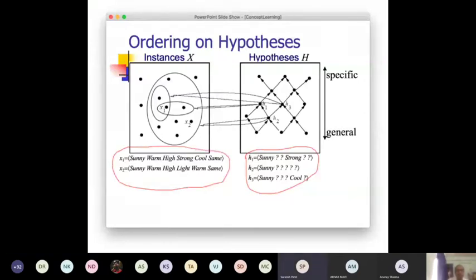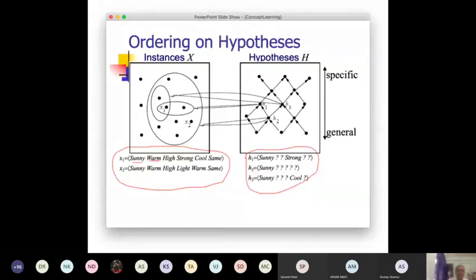The form is like a vector, and each position in the vector is an attribute, where they can assume a certain set of values, the attribute space. We already discussed this. Like this, sunny is the corresponding sky condition, the environmental condition, and I think this is the temperature.